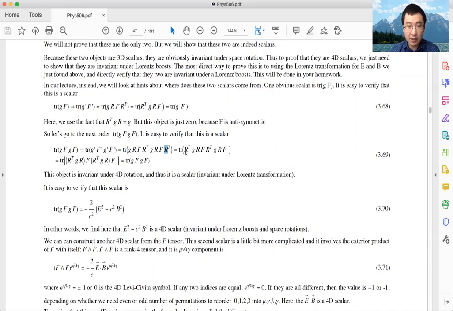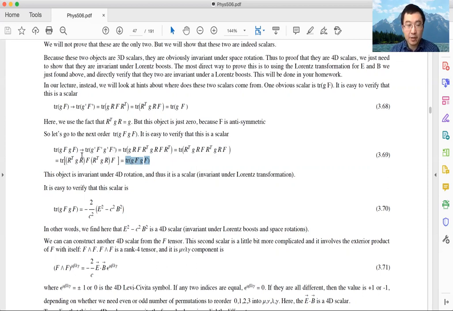Then we utilize the fact that R^T G R is the same as G. We group this R^T G R together; it is a Lorentz boost of the metric tensor, and we know a Lorentz boost does not change the metric tensor. So R^T G R is G. We go back to the same formula, so in the K' frame and in the K frame, this trace remains the same.